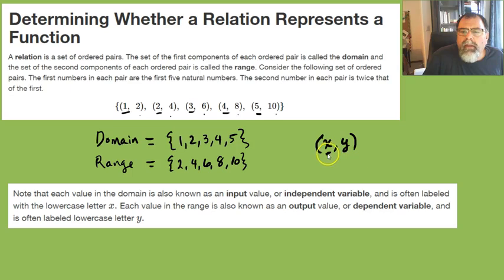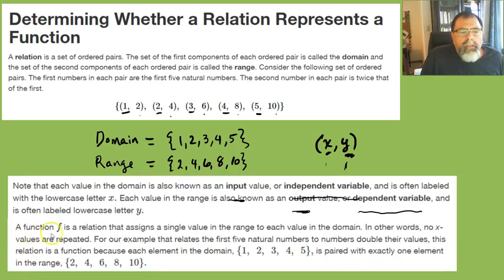So the x would be your input value and the y would be your output value. Again, just to reiterate, the input value is also called the independent variable. The output value, that's the y, is called the dependent variable. So the independent variable is your input, the dependent variable is your output.